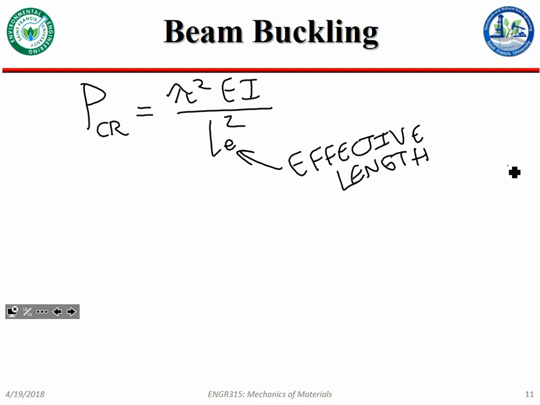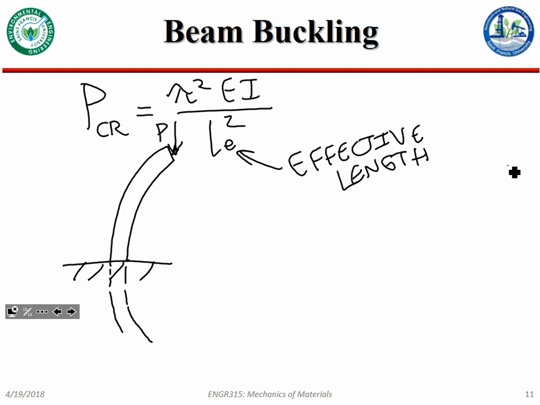For example, if I had a beam that was fixed on one end and free to move on the other end, if you worked out the math for it, it would actually be the same bending expression as if you were looking at a column of twice this length.